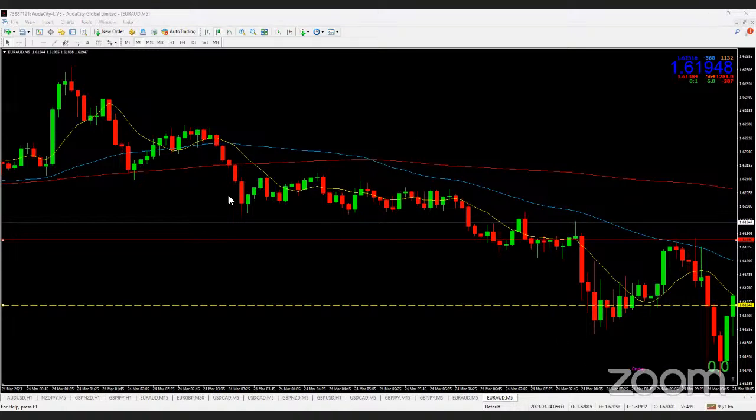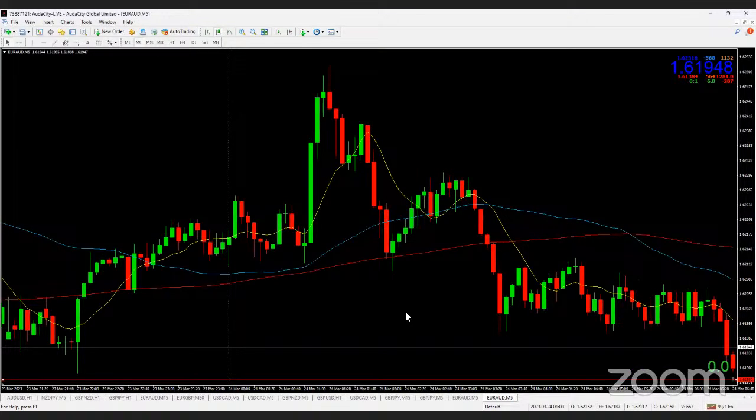So anyway, let's just do one more example. For instance, we see a strong bullish candle, and you can see it gave us a 2-candle push.